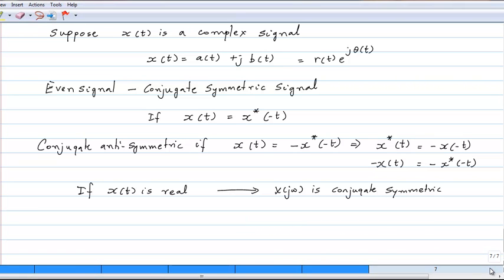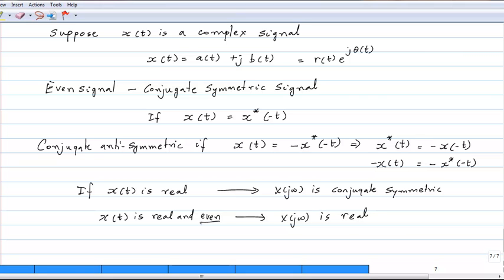Suppose x of t is real and even. Then it turns out that the Fourier transform of x of t, X of j omega, is real.